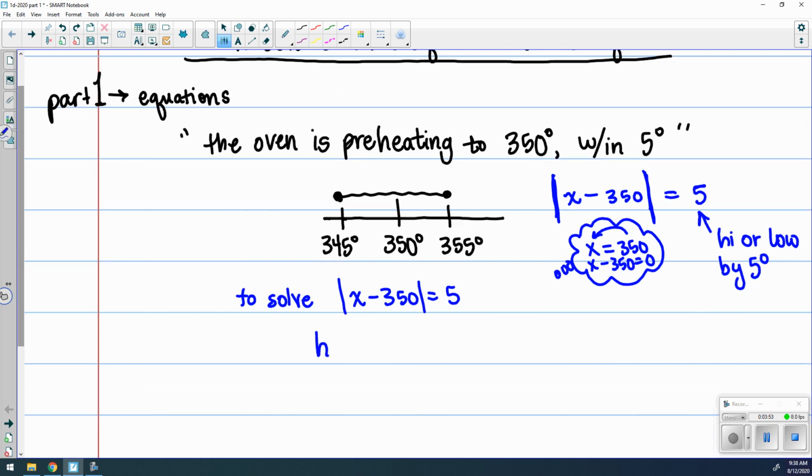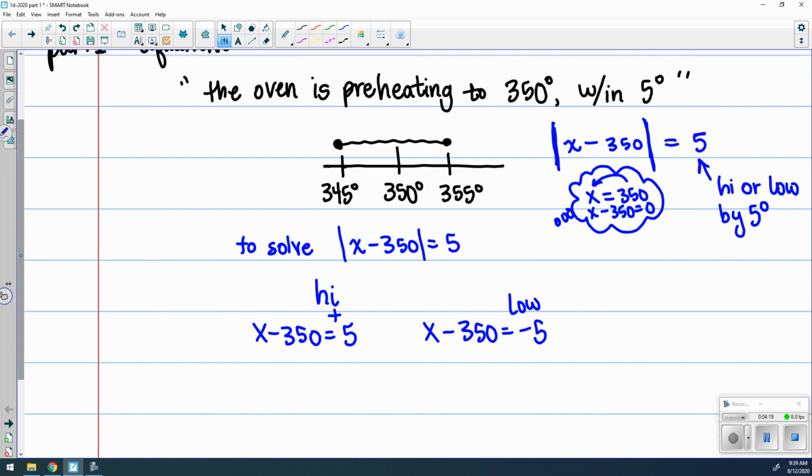I need to consider the high end where x minus 350 is equal to 5, positive 5 on the high side, and x minus 350 is equal to negative 5, that's on the low side. So I can be high by 5 degrees or I can be low by 5 degrees, and that low by 5 degrees is represented with a negative 5.